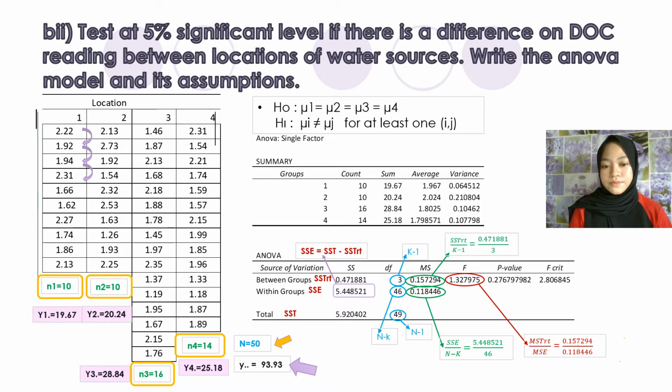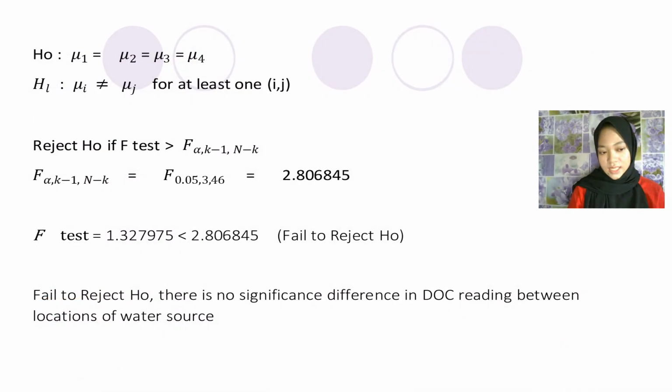Okay, so the next step is to reject H null if F test is greater than F alpha. So alpha is 0.05, the degree of freedom treatment is 3, and the degree of freedom of error is 46. From the table I got 2.806845.